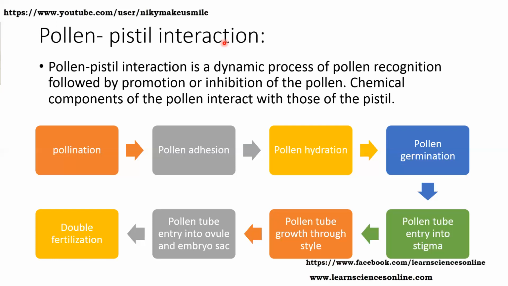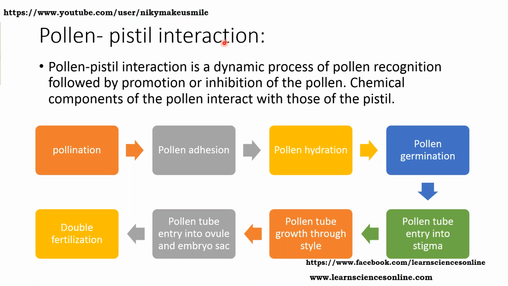Very first thing, only when the pollen grain of a species reaches the surface of the stigma of the same species, then only that pollen grain germinates, and this process is known as pollen pistil interaction.